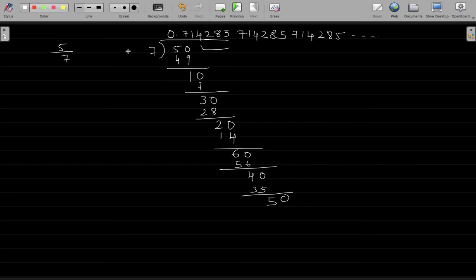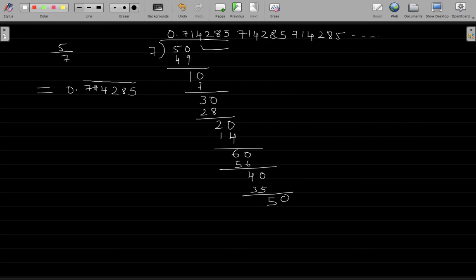So when we are dividing 5 over 7, what you get is 0.714285. These set of numbers are repeating in this same pattern or in this same periodical manner. That is, 0.714285 is the answer here, but with a bar over 714285.